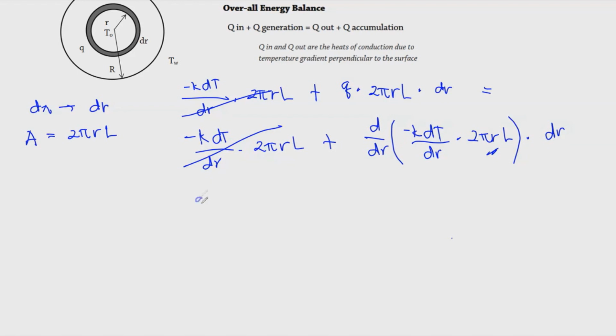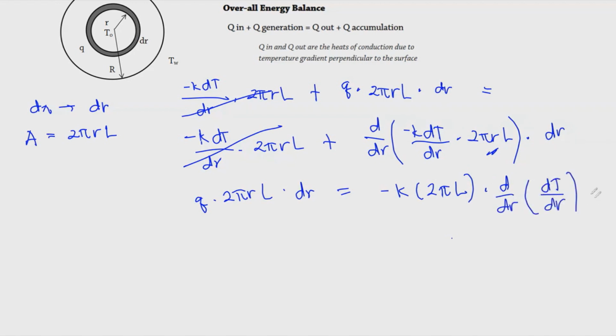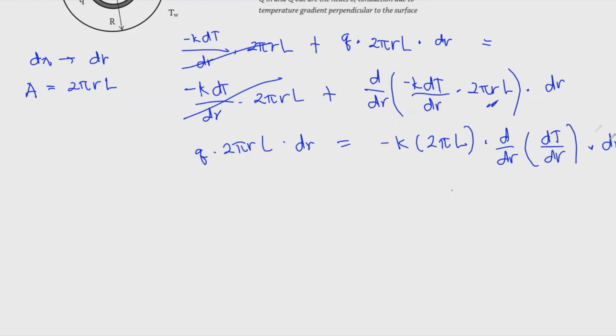So I'll be rewriting this as q times 2 pi r L times dr, equal to negative k times 2 pi L, multiplied with the derivative of dT over dr, and of course times dr. So in this case, I can now cancel out the multipliers for each term, 2 pi L and 2 pi L.